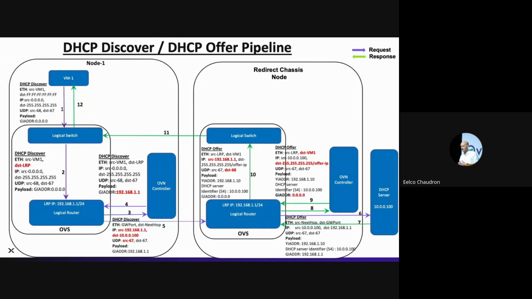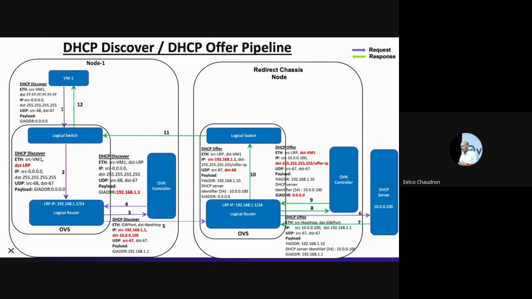Logical switch receives this packet and converts it into L2 unicast packet by setting the destination MAC to LRP MAC. At step number 2, logical router processes this packet. There are required flows installed in the logical router input pipeline stage to process these packets and forward them to the OVN controller.